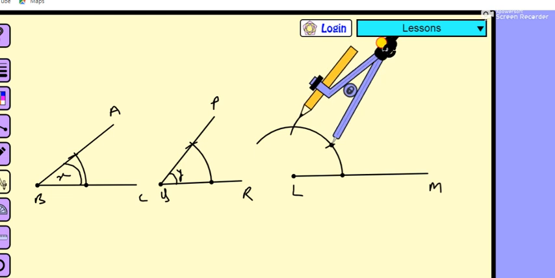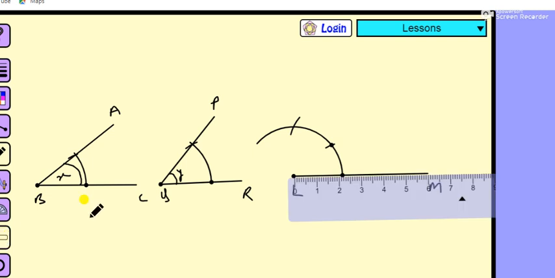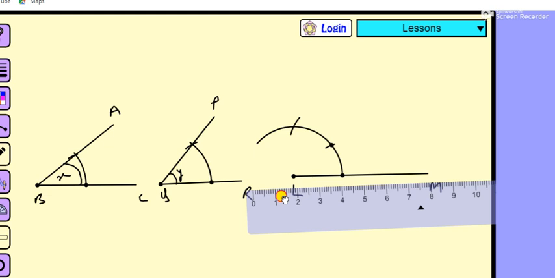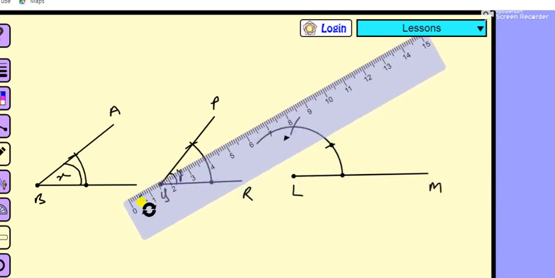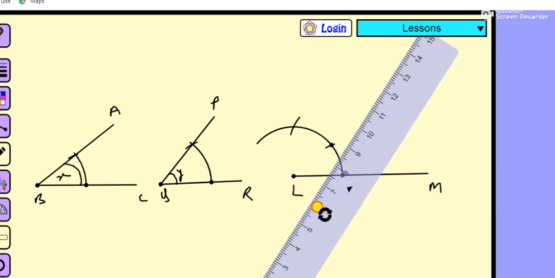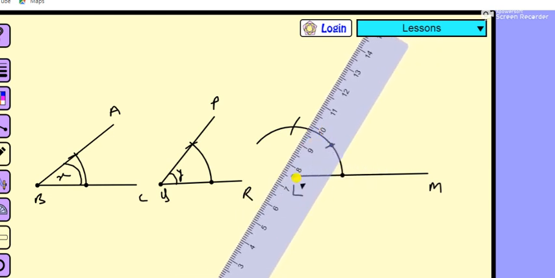This is your second arc. Yes, now remove the compass and take the scale. And now how can we draw this line? You can do it like this.